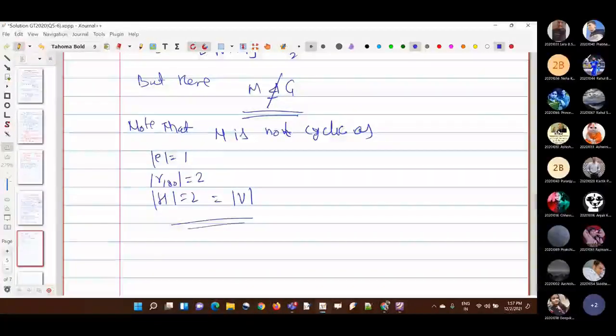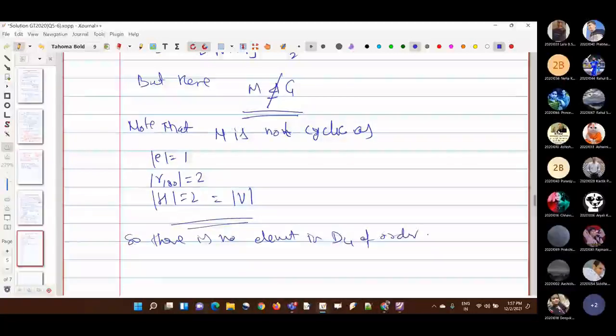So there is no element of order 4 in D4 in N. Okay, so N is not cyclic.